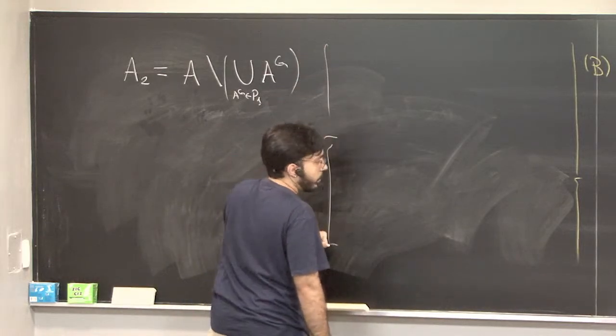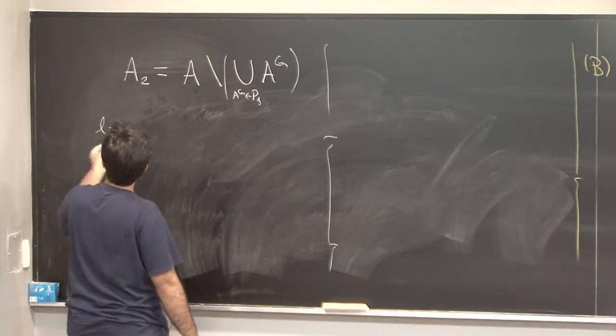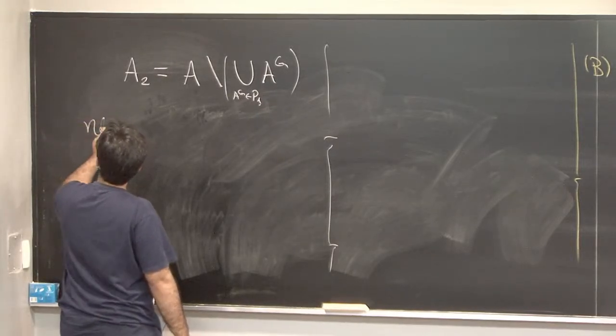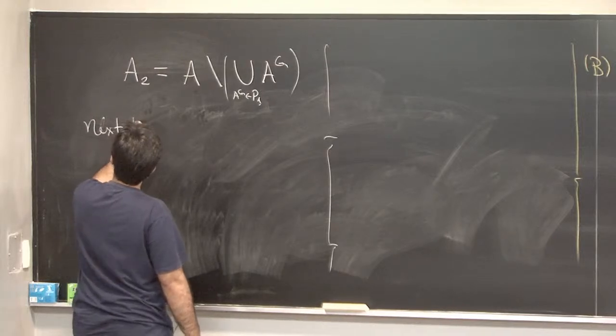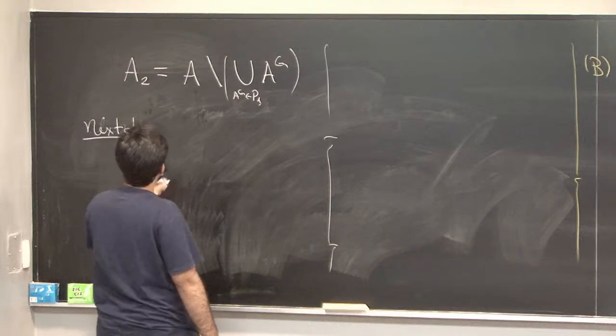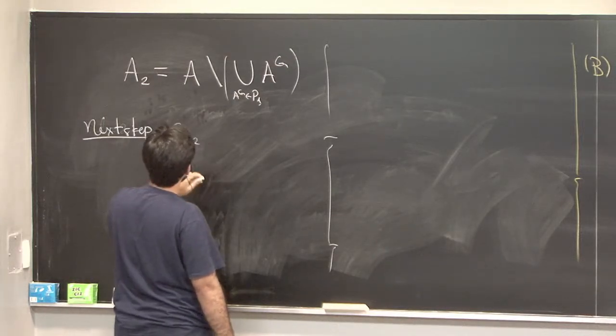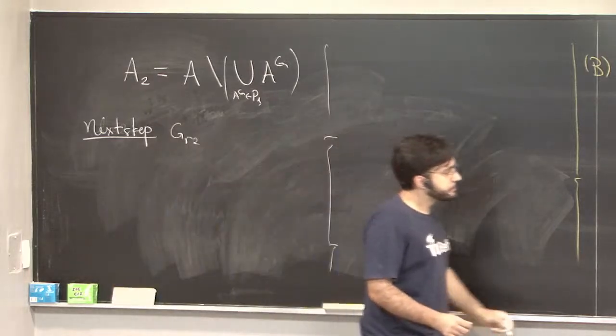So what do you do next? You take the next step, L equals 1, and the graph G_{R,1} that we defined here.